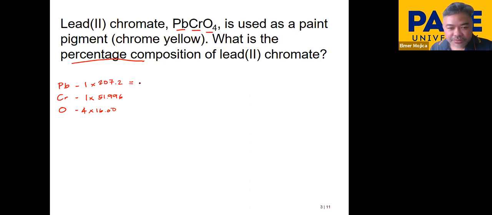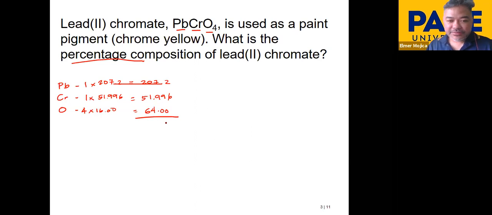So what we do: 207.2, 51.996, and then you have here 64. You add all of them, what do you get? 323.196, or you can round it up to 323.2.